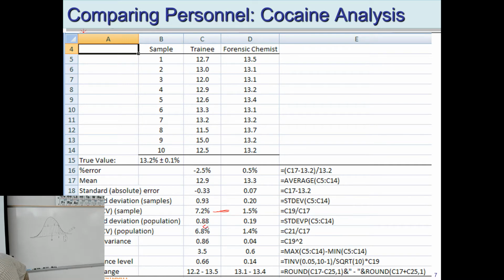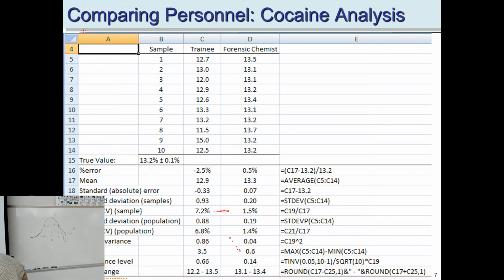Just to show that the sample standard deviation is a more conservative estimate, I went ahead and calculated the population statistics. So it's 0.88 if you use the population standard deviation, and 0.93 if you use the sample standard deviation. That's why we say that sample standard deviation for a low number of data points, like 10, is more conservative. It gives a wider error bar so that you're more confident to capture the true value.